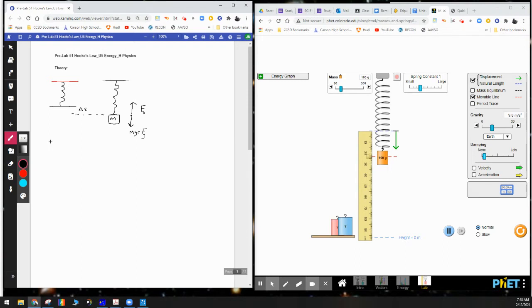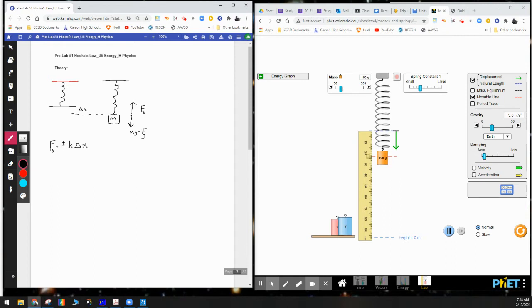So this Hooke's law force is the spring wanting to make the mass go back to its equilibrium position, so it's in this direction. The way we describe this is there's a minus sign, and there's this little k, and here we'll have delta x, the change in position.